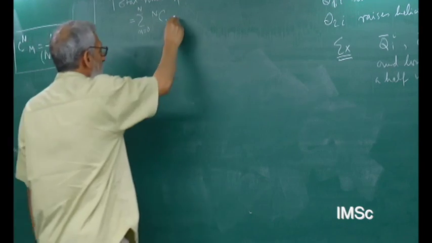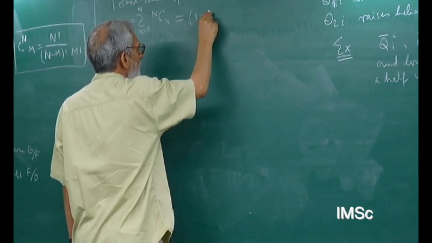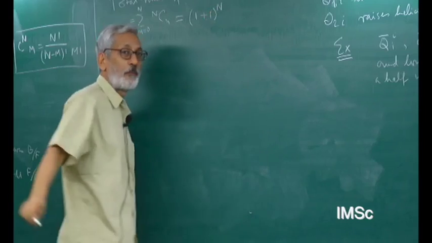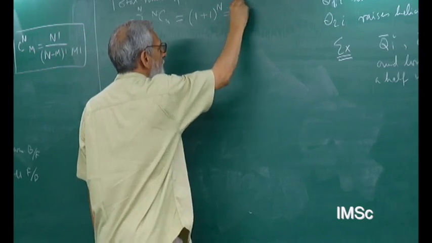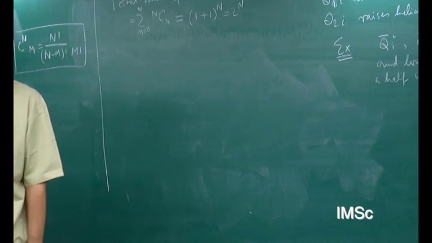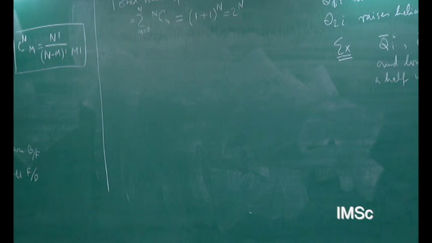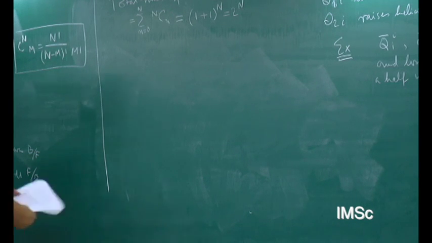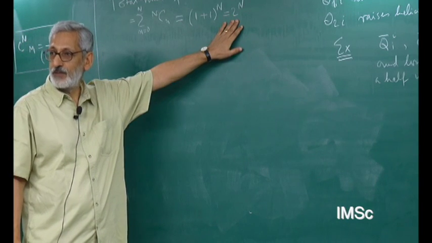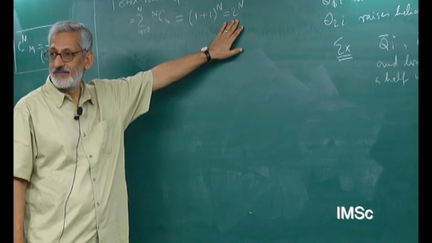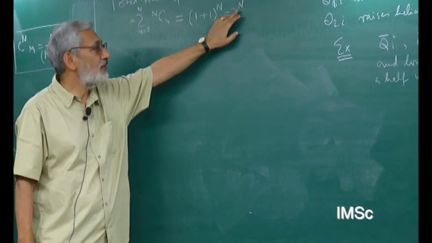And like we already said last time, this is a funny way of writing 1 plus 1. Can anybody recall what was the number of states for the massive multiplet? 2 to the 2n.